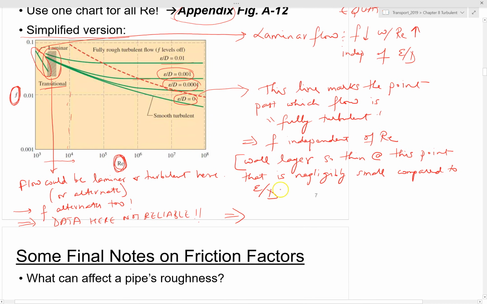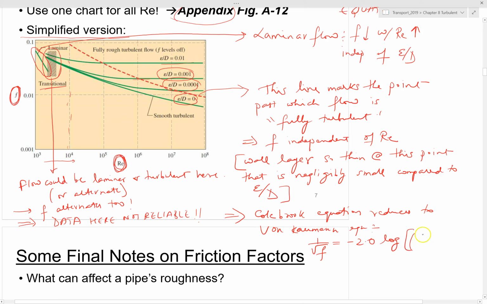And your Colebrook equation reduces to the von Karman equation, which is 1 over square root of F is equal to minus 2.0 log of epsilon over D divided by 3.7.